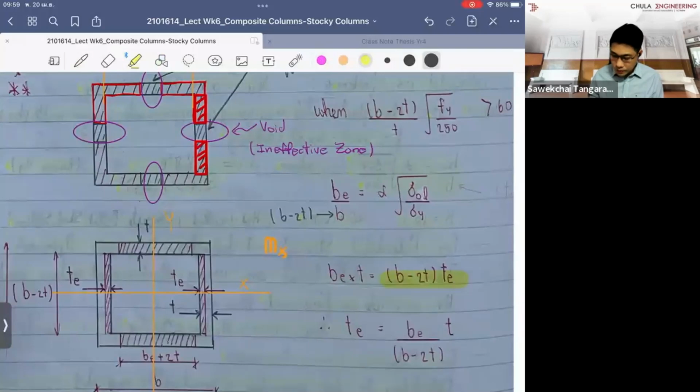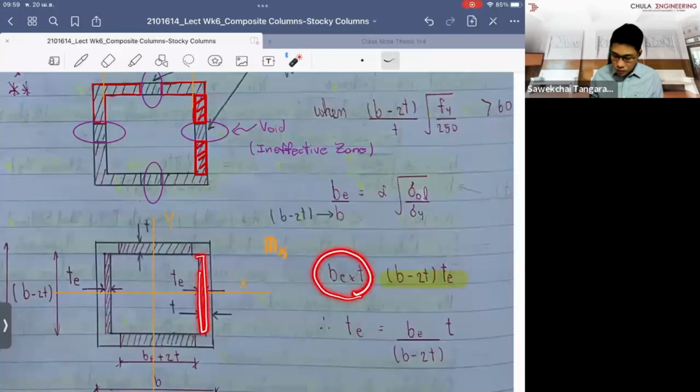It is the total width, which is B, subtract the two thicknesses, which is 2T, and you times that by the effective thickness. So you sum the widths for these two and times by the real thickness.